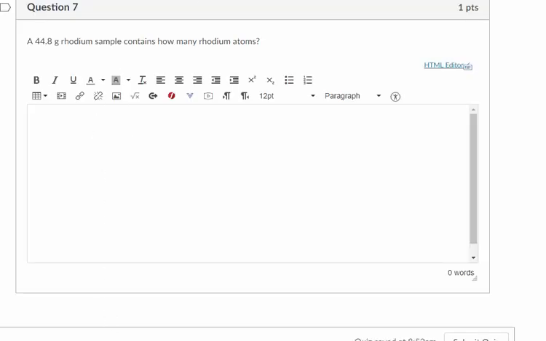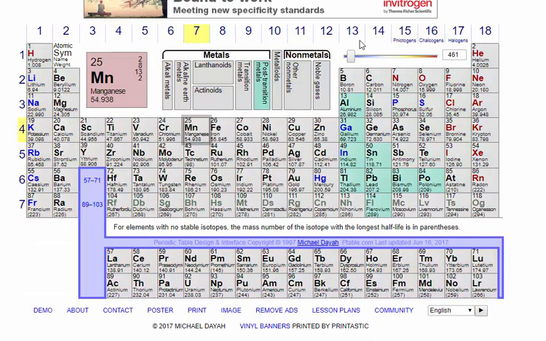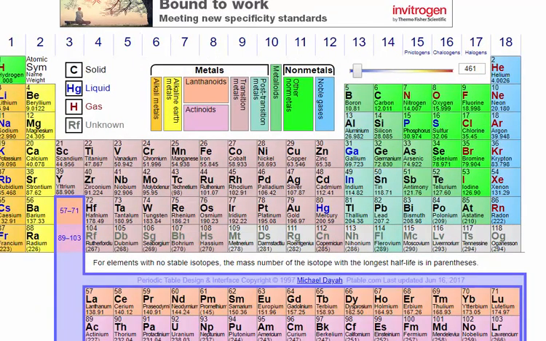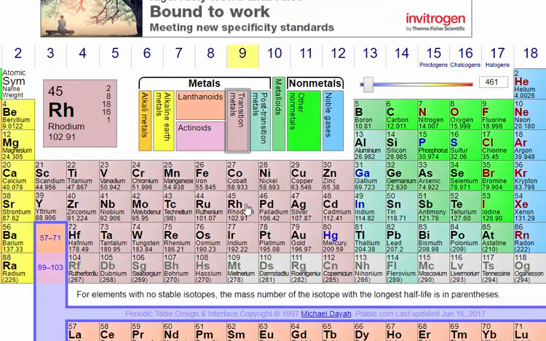I start with what I'm given, 44.8 grams of rhodium. Now, rhodium is the plating that's often used in white gold to make it look whiter because white gold still does have a yellow cast to it. Rhodium is found, let's see if I can increase this just a hair. Rhodium is number 45. It's found right here in the middle, and its atomic mass is 102.91.